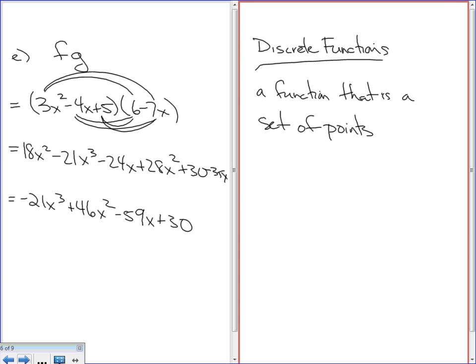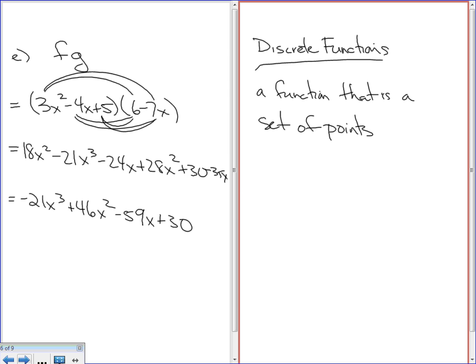Okay, so the function is just made up of individual points. You don't connect the points, they're just a bunch of points on a graph. And when you're adding, subtracting, and multiplying discrete functions, you can only add, subtract, and multiply the y values where the x values match up.